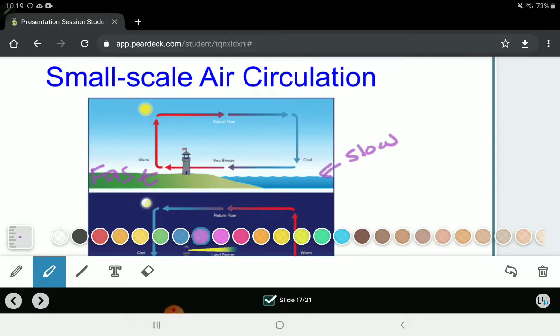Then what happens, remember, if it's warm, our air is going to rise. If it's cool, that's going to be high pressure, right? So that's our high pressure, and this is low pressure. We want to get away from high pressure, and air is going to move from high to low.